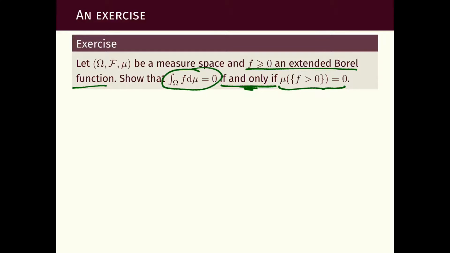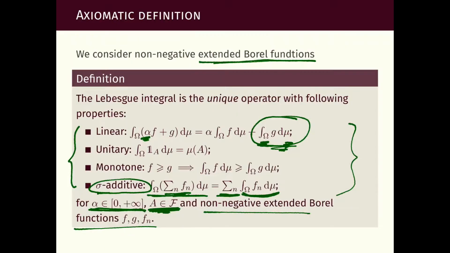I'll let you complete all the details of this exercise. I will just give you some hints at this point. For this implication, you can compare f with a function that takes only 2 values, only 0 and plus infinity. You can compare it and use here the monotonicity property.